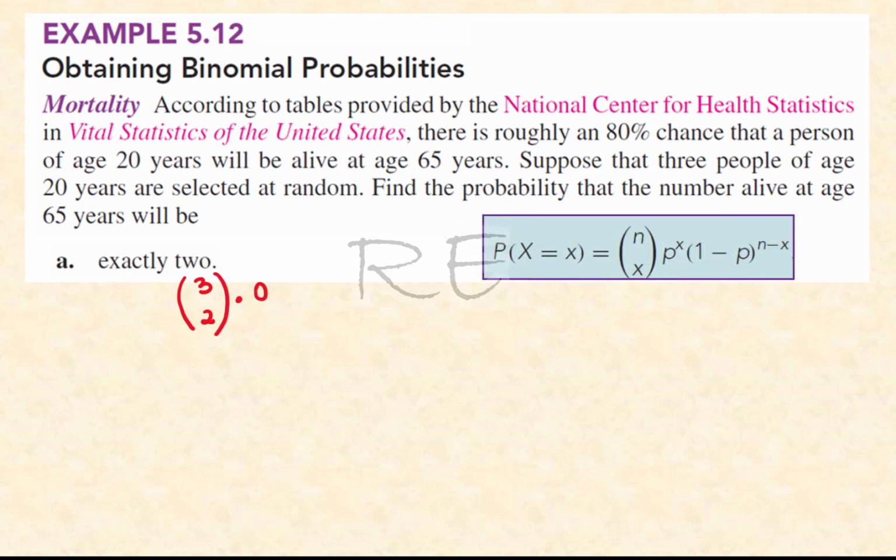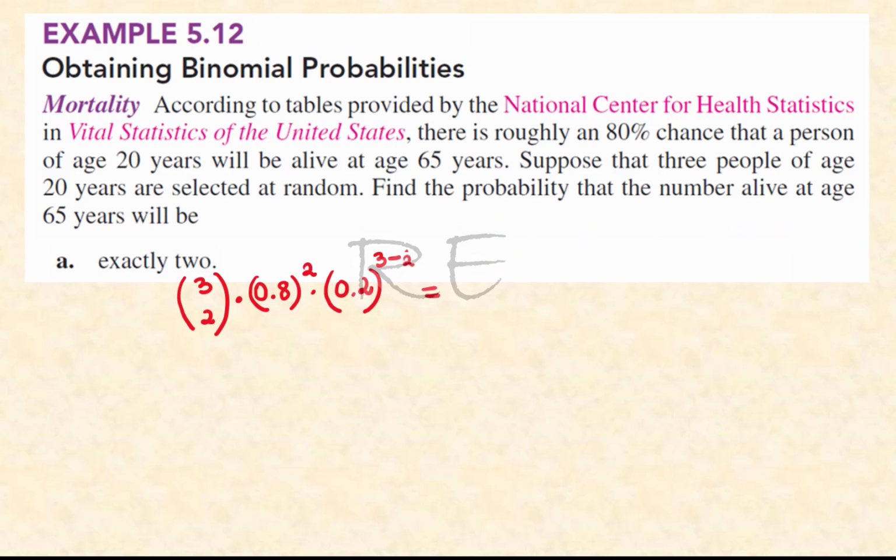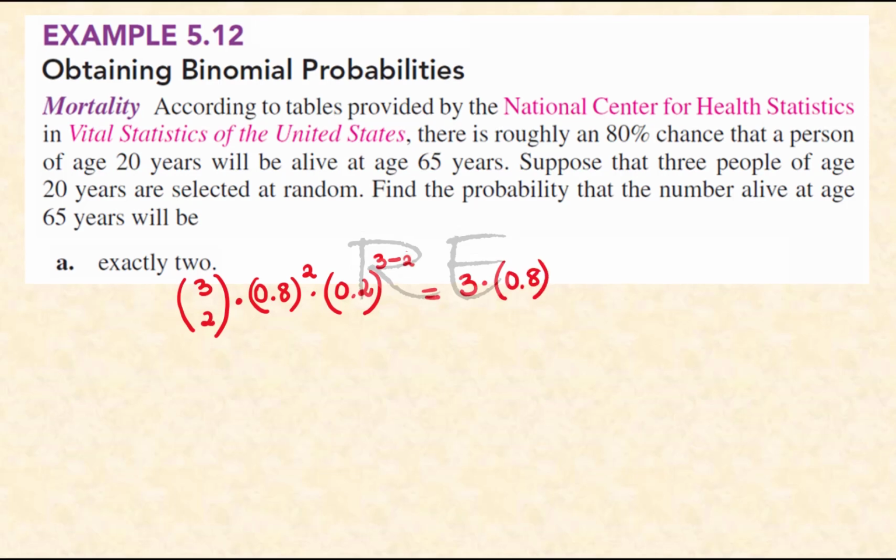Then the probability of success is 0.8 to the power 2, multiplied by the probability of failure 0.2 to the power 3 minus 2, which is 1. 3 choose 2 is equal to 3, so 0.8 squared times 0.2 to the first.